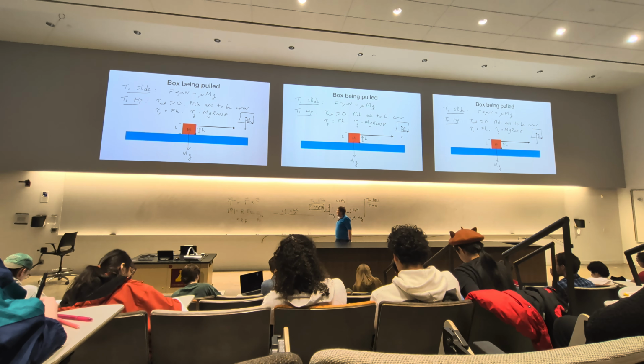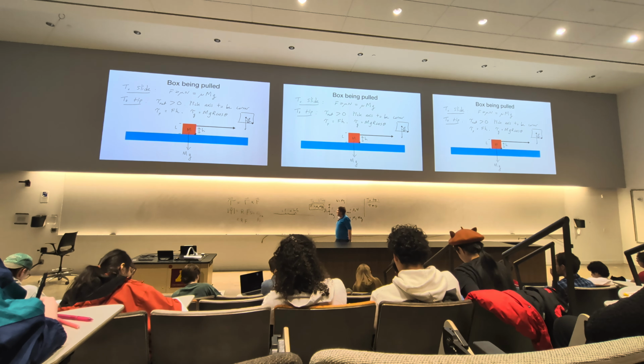When we look at this thing, if it's going to tip, I might as well draw it again over here. Here's the box. It's going to pivot around this corner if it tips. Does that make sense? And if it tips, it's going to do that. So we might as well declare that's the positive direction, just because that's where it would go if it went.